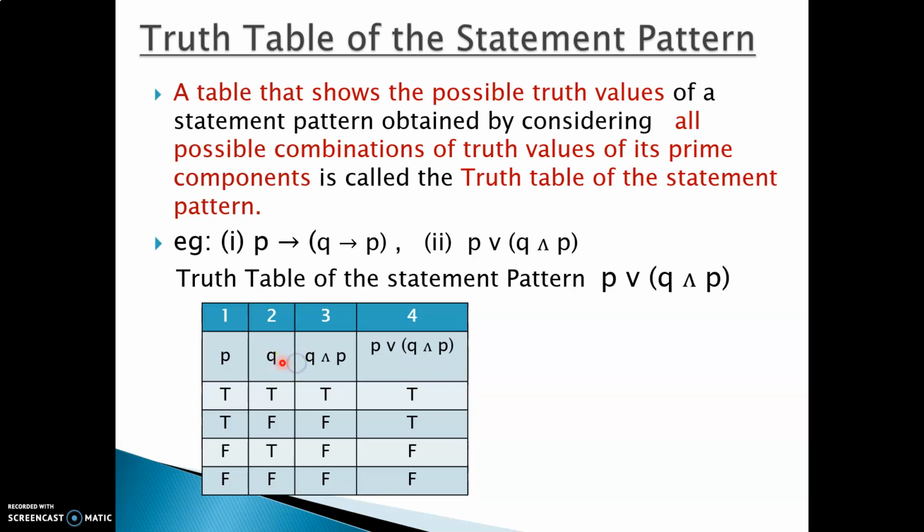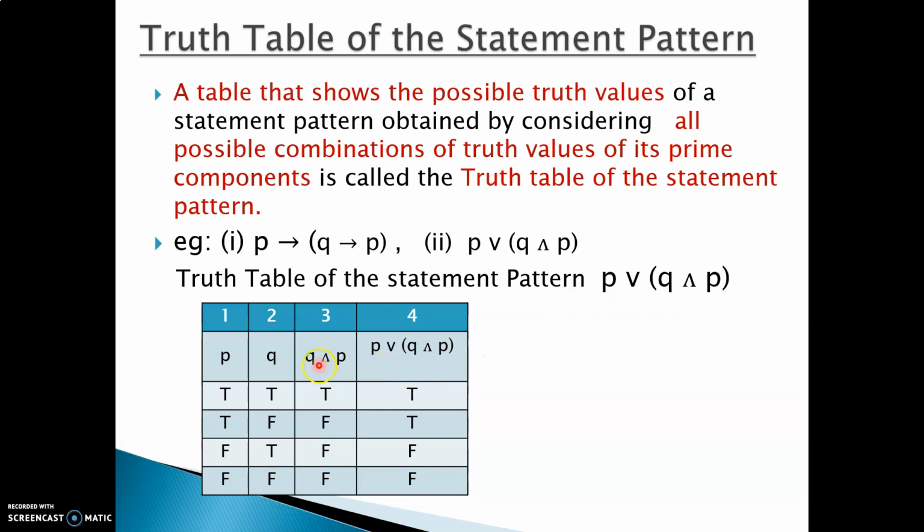Then inside the parenthesis, Q and P is given, so we have written that here. You have to consider the order of the statement, so you consider the Q value first, then P. So true and true is true, false and true is false, true and false is false, false and false is false. And the last column is the full statement pattern.